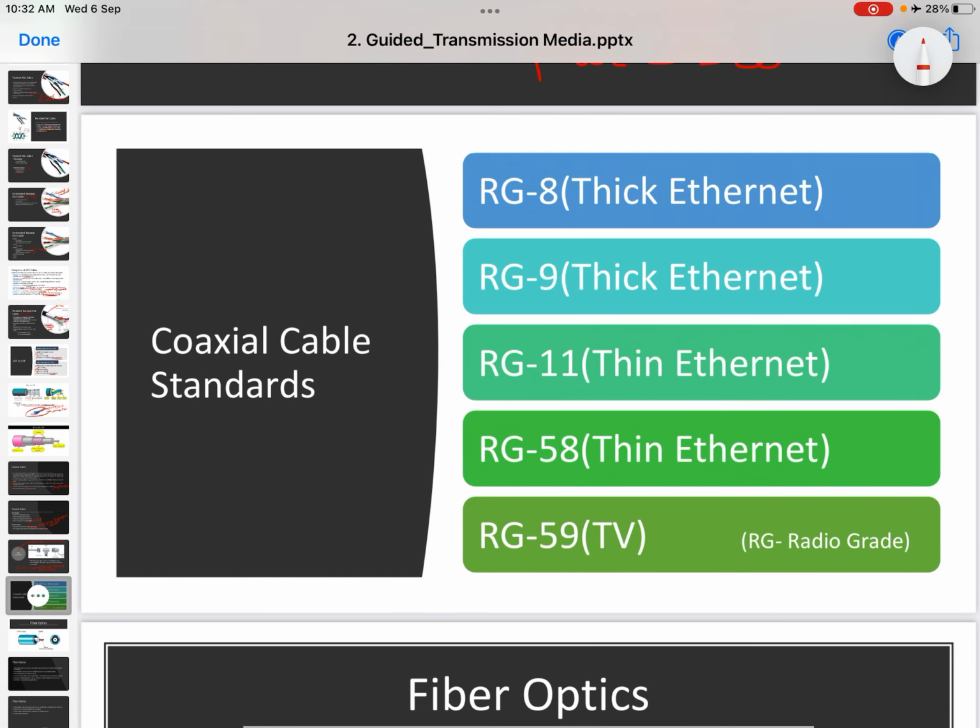Coaxial cable standards: RG8 thick Ethernet, RG9 thick Ethernet, RG11 thin Ethernet, RG58 thin Ethernet, RG59 is TV.